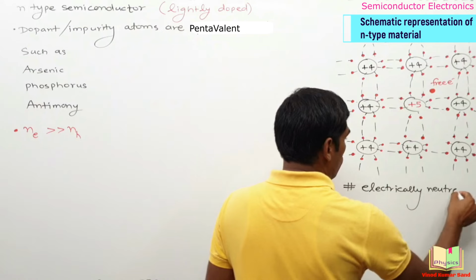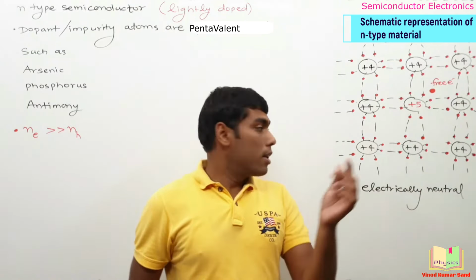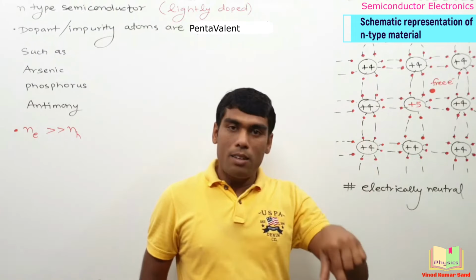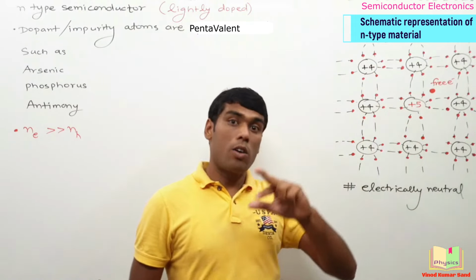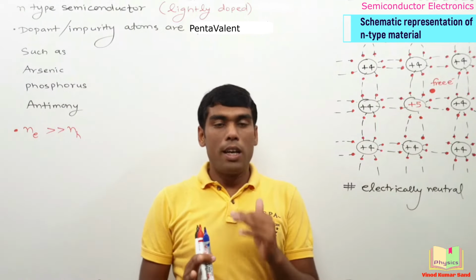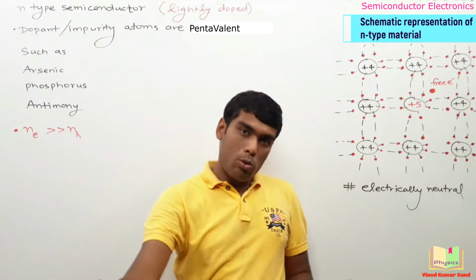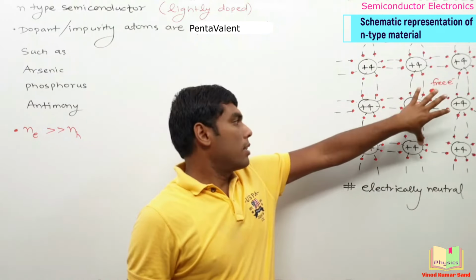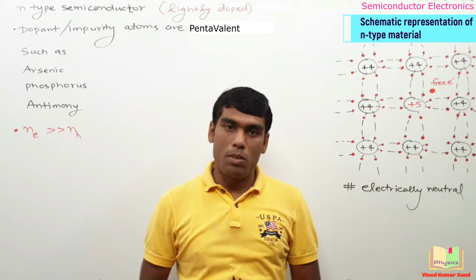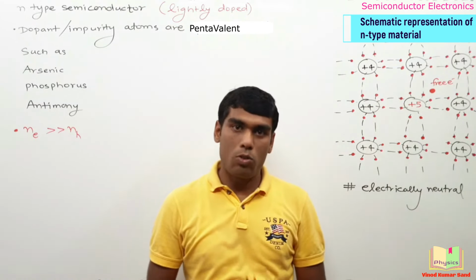Why electrically neutral? If you observe the process very carefully, one silicon atom has been replaced by another arsenic, antimony or phosphorus atom, and we know that atoms are electrically neutral. We are taking out a silicon atom and putting an arsenic atom there, so the overall crystal remains electrically neutral.